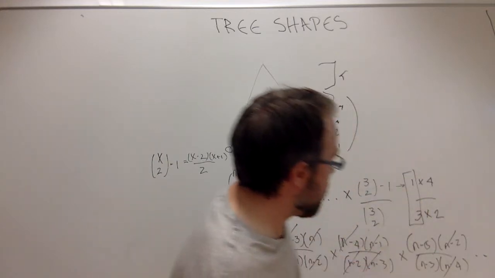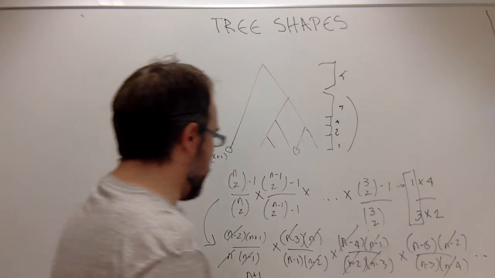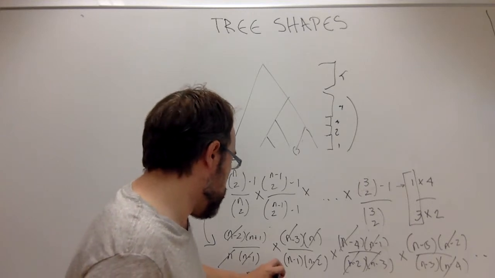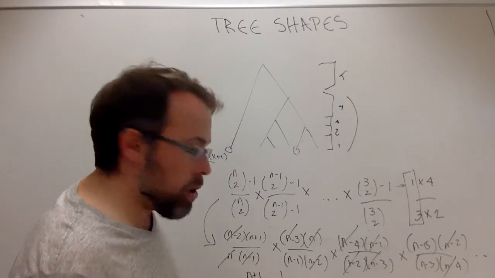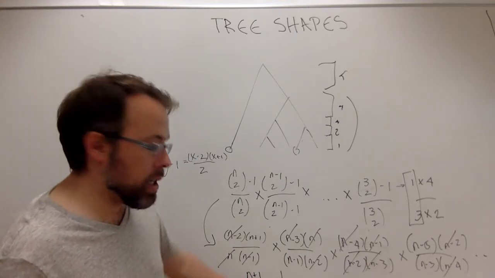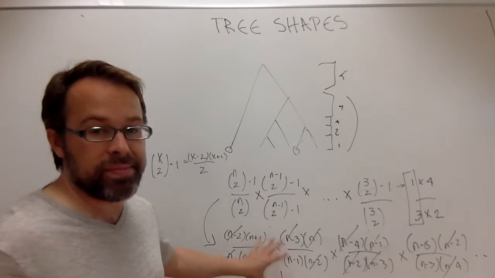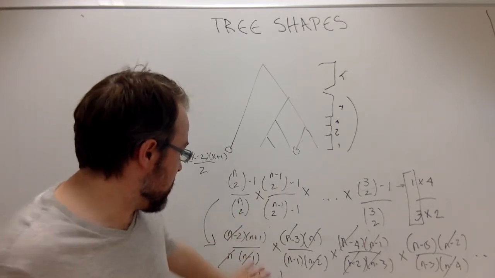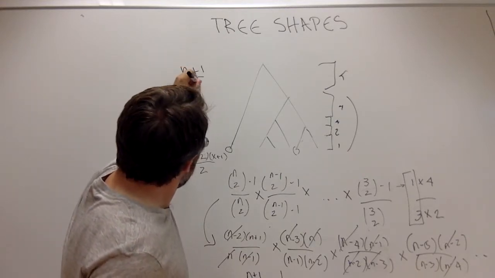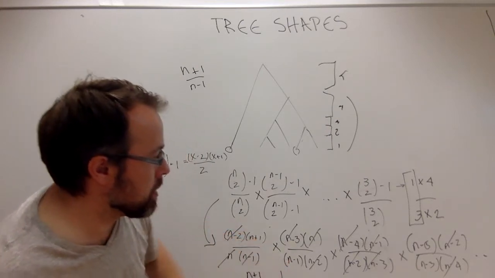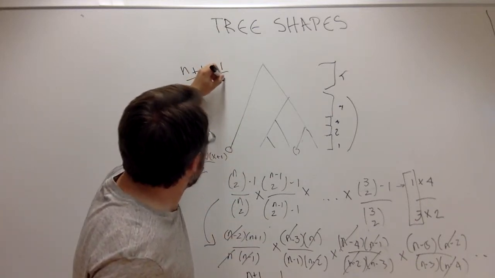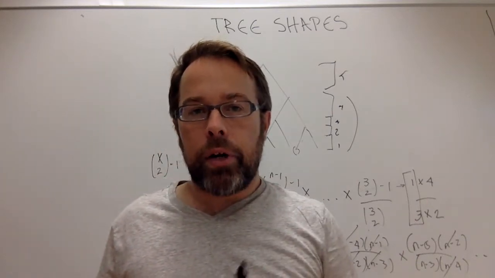So we're going to end up with a 1/3 from over here, and then over here we end up with n plus 1 over n minus 1. And so our overall result is n plus 1 over n minus 1, times 1/3. Sorry, that's gone off the screen, so I'll write it up here. So overall, we get n plus 1 over n minus 1 from these terms, and then if we go all the way to the right, we end up with these other terms, 1 divided by 3. Okay, so I don't think I did a great job of that.